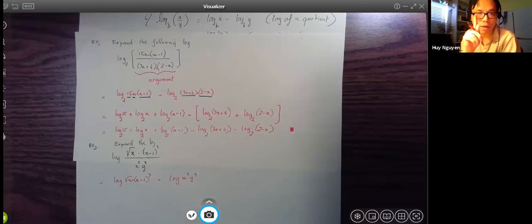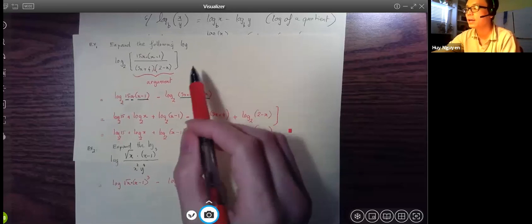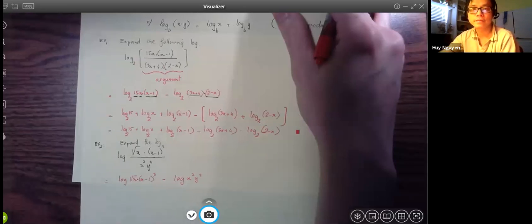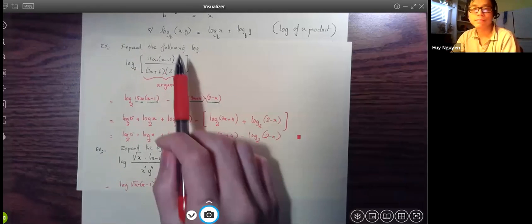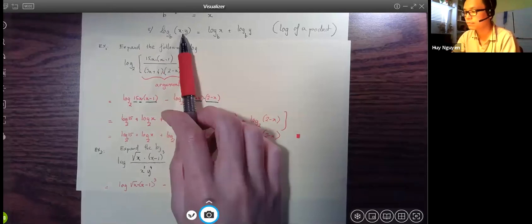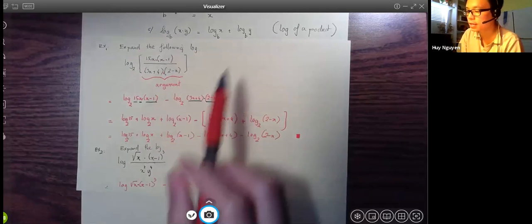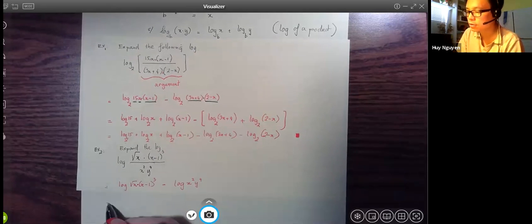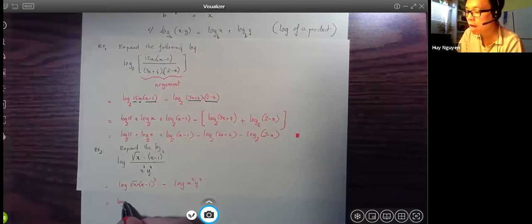There's only one multiplication sign, so I can use property number 5. A product gives you the sum. So the first log I can split into log of square root of x plus log of (x minus 1) raised to the third power.